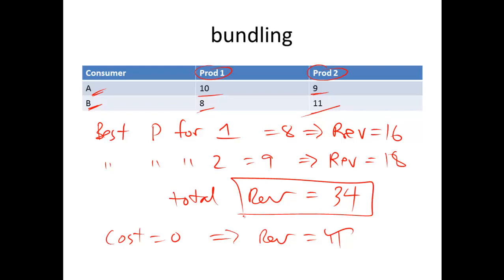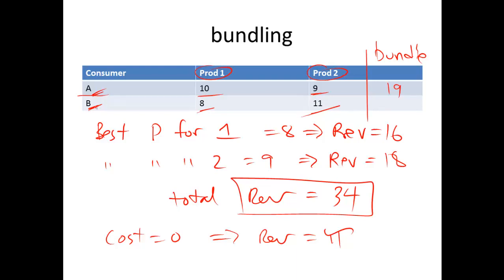Well, now let's consider a new product called the bundle. The consumers' maximum willingnesses to pay for the bundle are the sum of their maximum willingnesses to pay for each of the products. So if we were to define the bundle over here, we'd say that consumer A is willing to pay 10 plus 9, or 19, for the bundle.